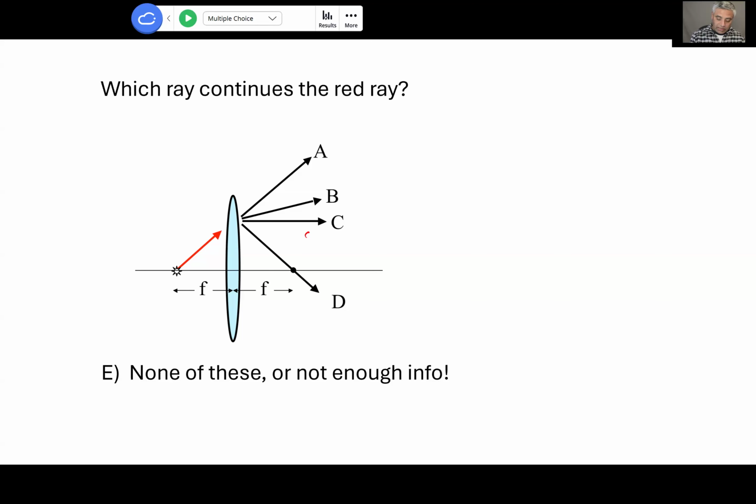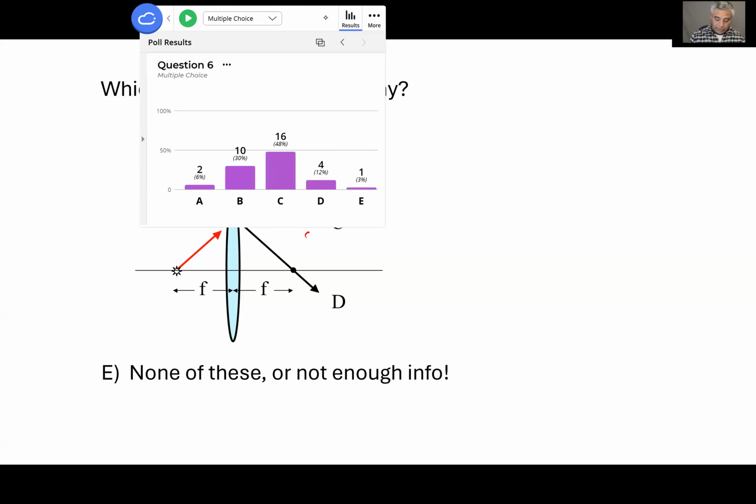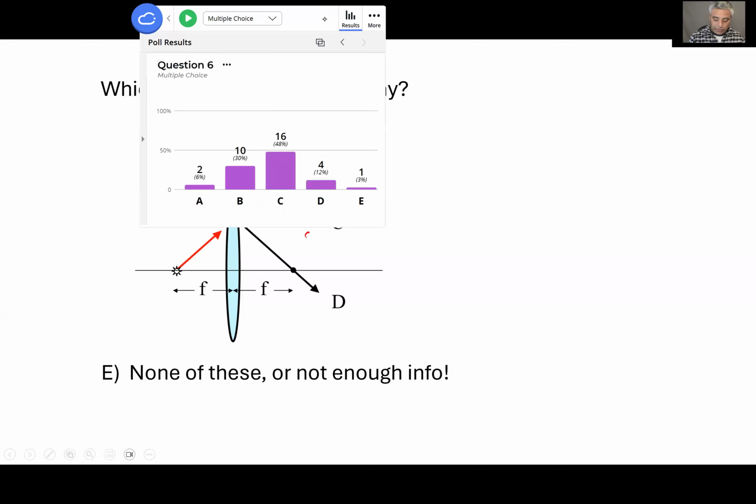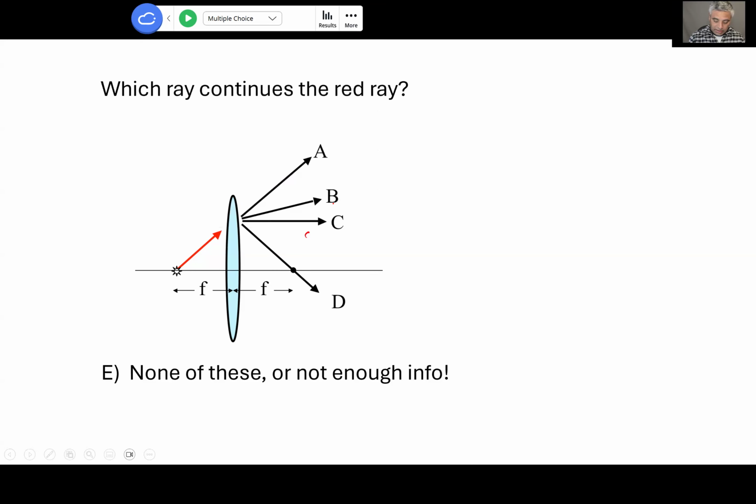Let's see what we got. A bit more for C, and there are quite a few B as well. So it's like the opposite of what we had before. This ray now going to the focus means it goes parallel to the axis. These things we need to remember. That's why I am showing, telling, and asking you the same question over and over again. So that's C, yes.